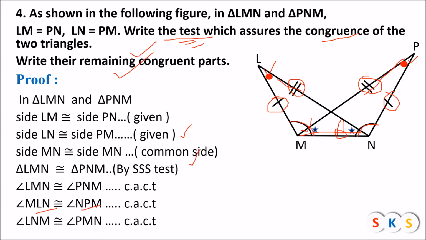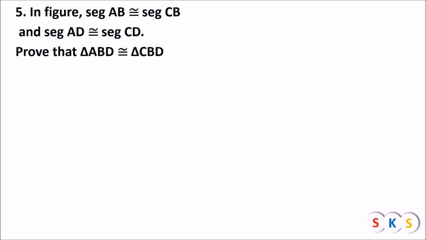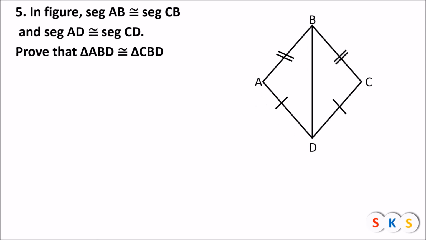Here we have question number 5. In the figure, seg AB is congruent to seg CB, seg AD is congruent to seg CD. Prove that triangle ABD is congruent to triangle CBD. Let's see the proof. In triangle ABD and triangle CBD, look at this figure. Here side AB and side CB have the same kind of mark.